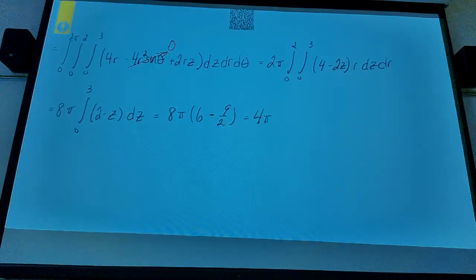Make life easy, let's factor out a 1/2. It's not right.